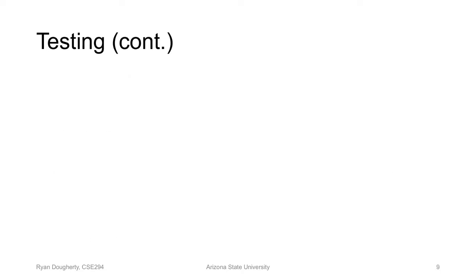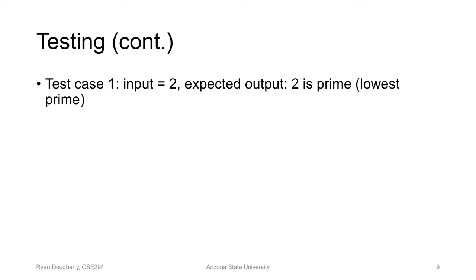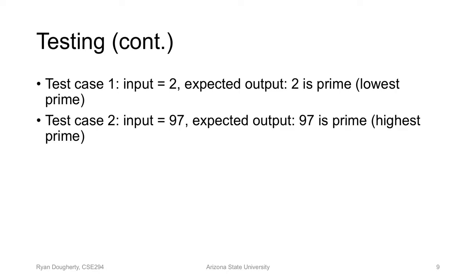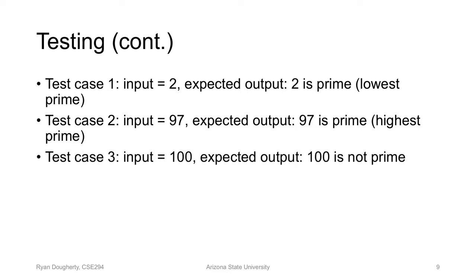Okay, so let's look at some test cases. Our first test case will test the smallest prime number, and we should output that 2 is prime. It's the lowest one. Now we're going to test some other ones in the middle range between 2 and 10,000. For 100, we should output that 100 is not prime because it's an even number.